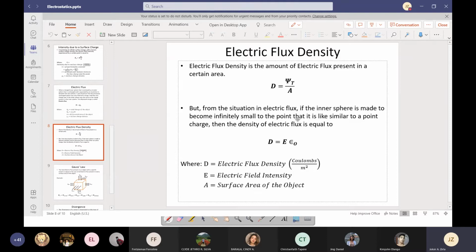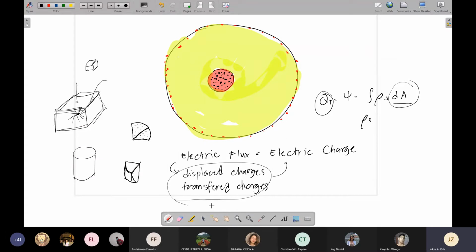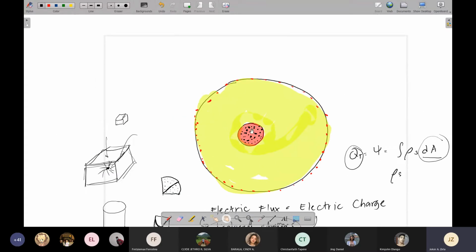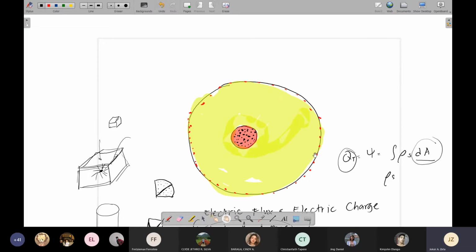But from the situation in electric flux, if the inner sphere is made to become infinitely small, to the point that it is similar to a point charge, then the density of the electric flux is equal to this one. For example, you have an inner sphere and an outer sphere. What if you make the outer sphere infinitely big?